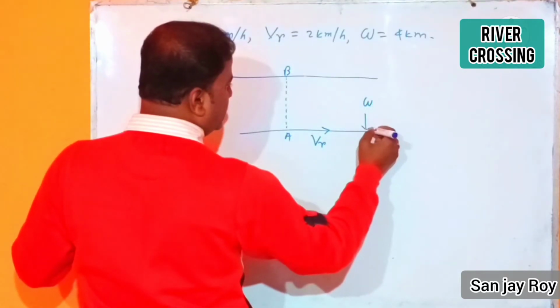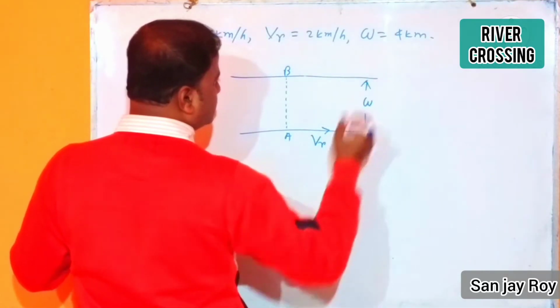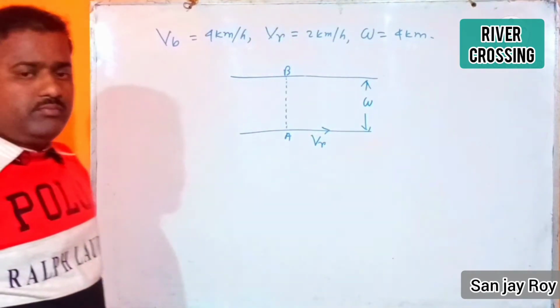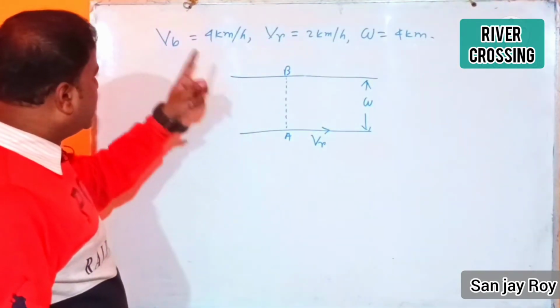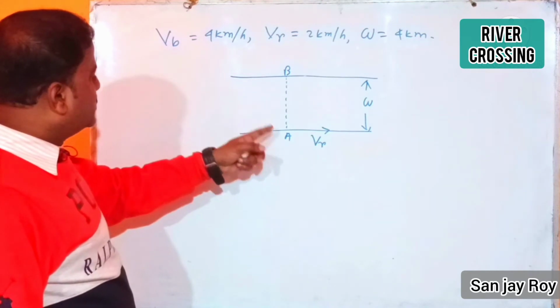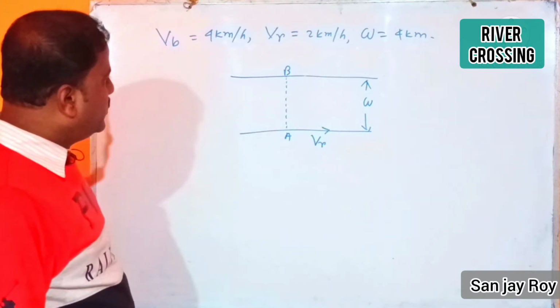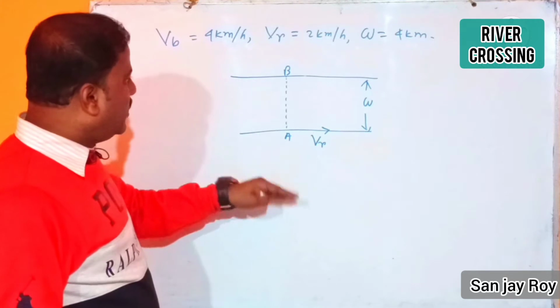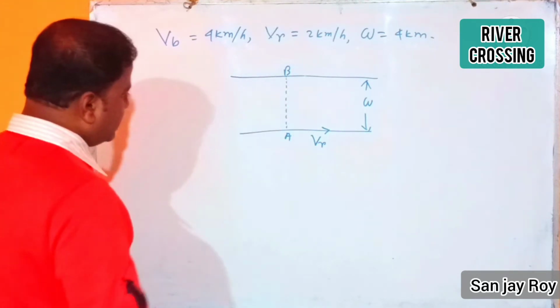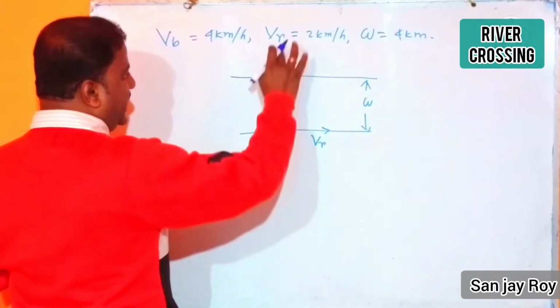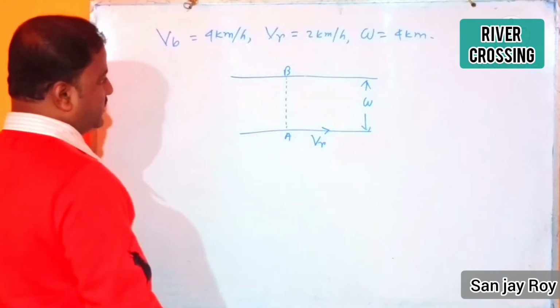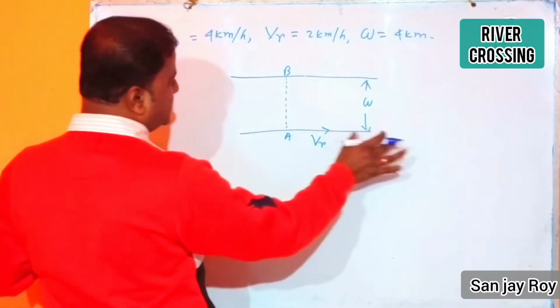This is the width W. Our first problem was, in what direction should the boat head to reach directly opposite to the starting point? Say A is the starting point, then AB is the shortest path. Here VR is the river current.